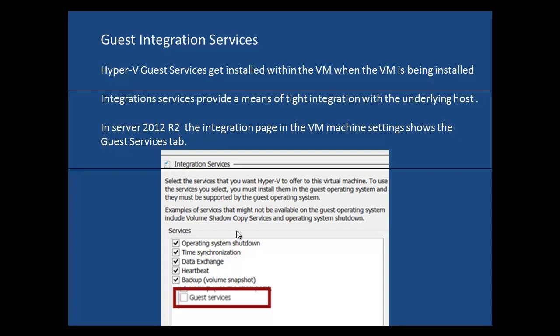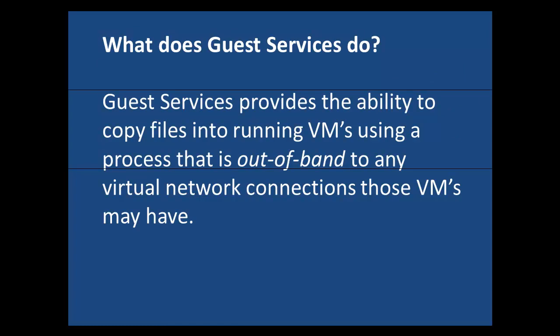There are other integration services that are offered, as we can see here: operating system shutdown, time synchronization, data exchange, heartbeat, backup, volume snapshot. And you get to select the services that you want Hyper-V to offer to the virtual machine. What does guest services do? How does it help you?